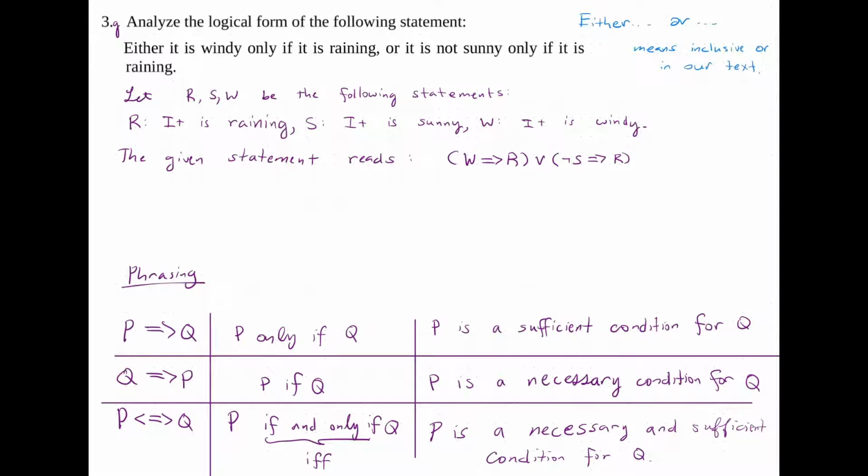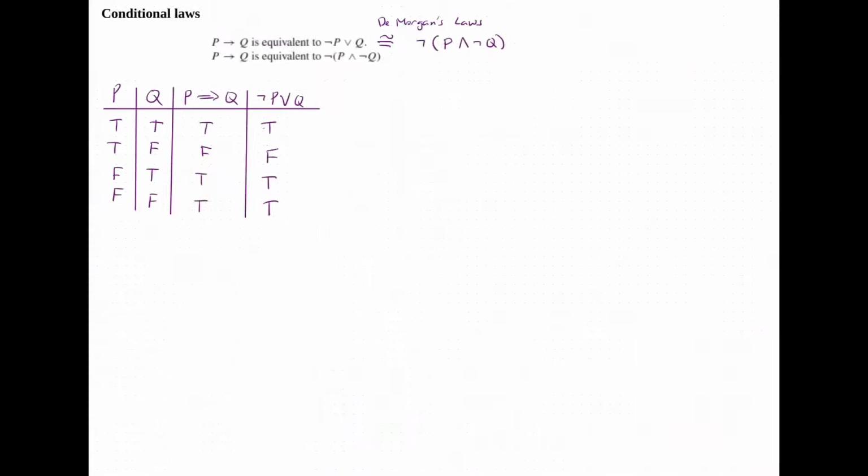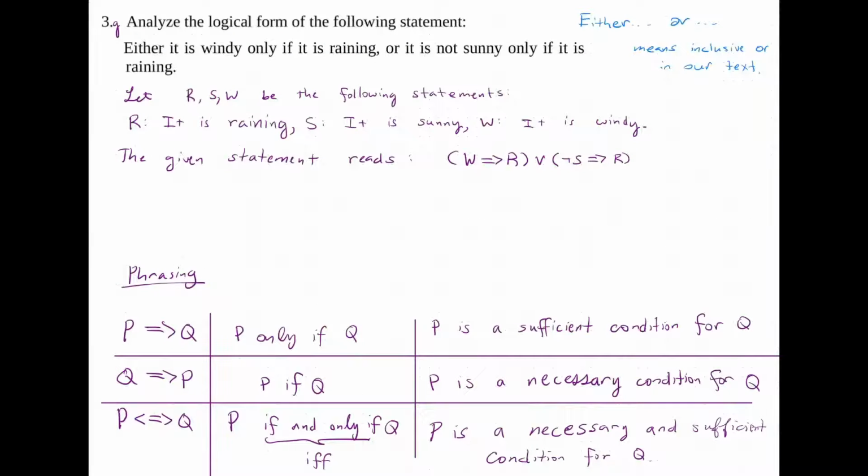But let's now go through and reduce this further. And so what we are going to do is use the conditional laws. And so we have that P implies Q is the same as not P or Q. So let's go ahead and rewrite this. So I'm going to do a 2-column argument here.